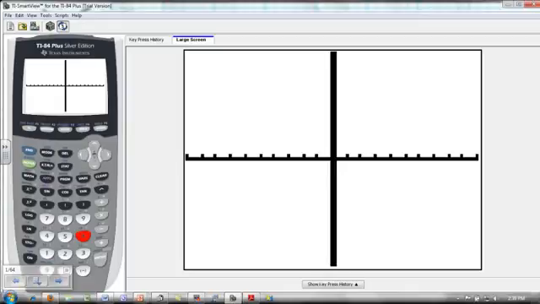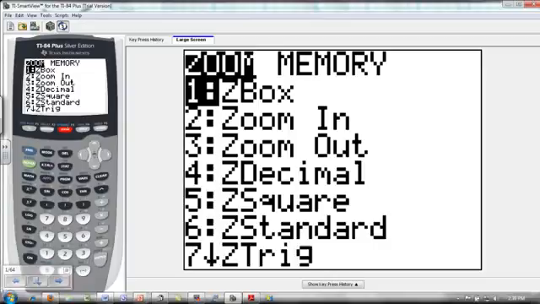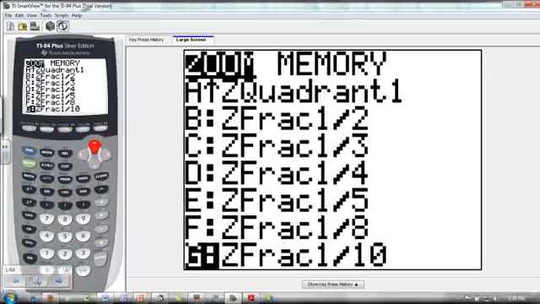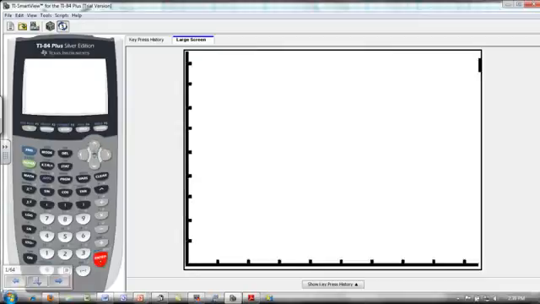So maybe what we should do is adjust some windows here. There's a new zoom feature, by the way, that I think is worth looking at, and that is zoom alpha A, which is zoom quadrant 1 only. I've been finding all sorts of new things in the new version. And now we're in quadrant 1, but still can't see much of it.